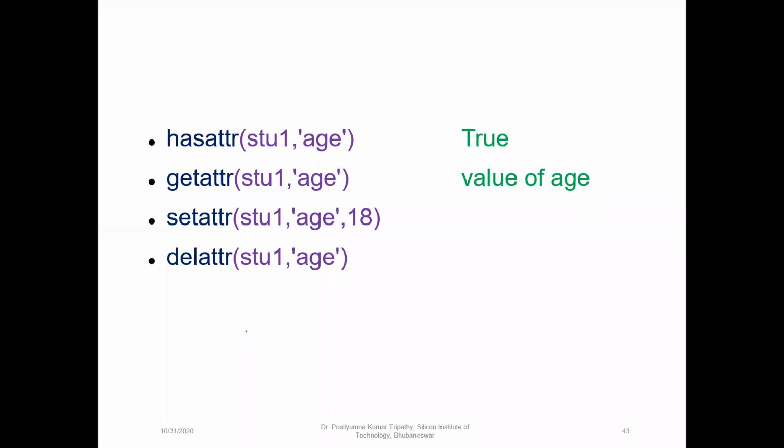Right? So there are some methods that are used for the attributes, or the data members. Suppose hasattr(student1, age). That means whether age is a data member in the student1 object or not. Are you getting me?